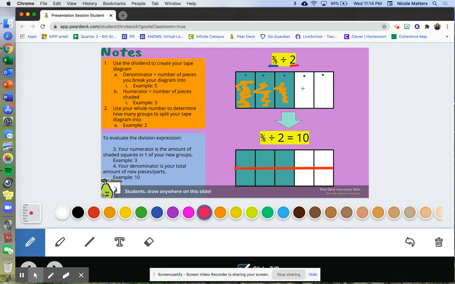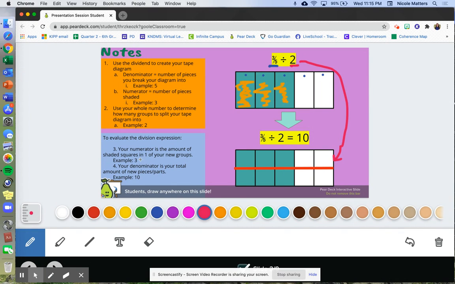That's my divisor that tells me how many to split it into, which helps me determine what line I should draw, right? So if I need to split it into 2 new sections or groups, I'm going to draw one line.